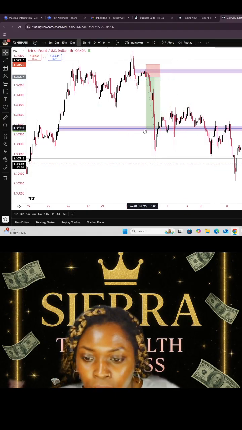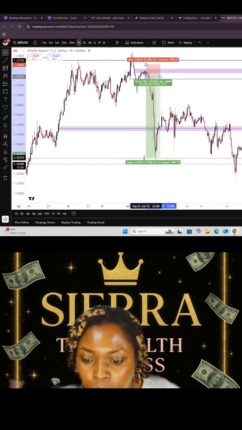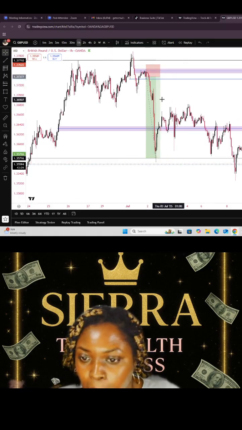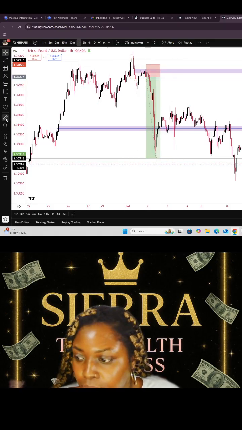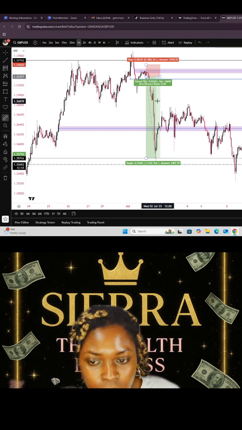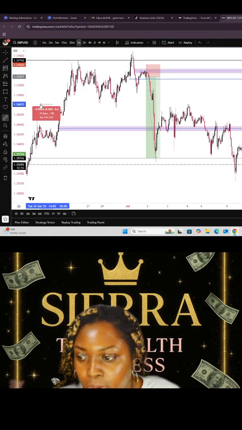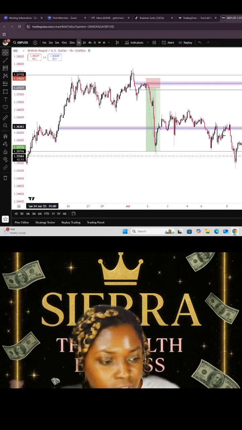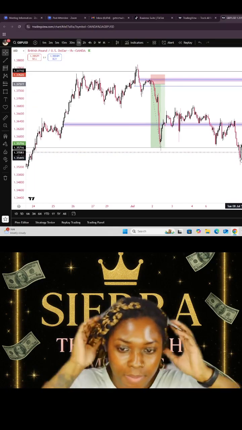It's a 4-to-1 TP, or you could have took TP to 50%. It's 166 pips. 166 pips. That's a great pip count.